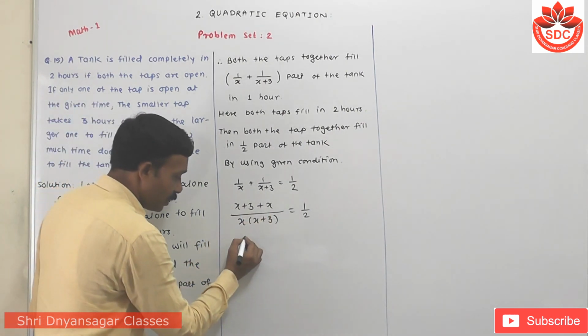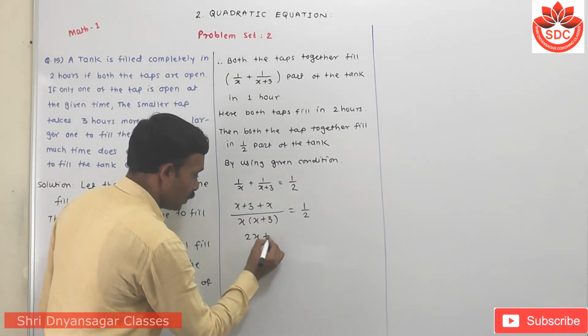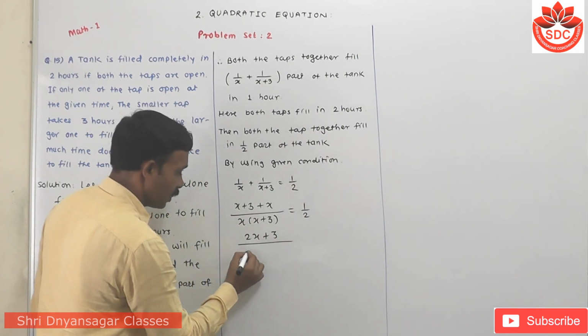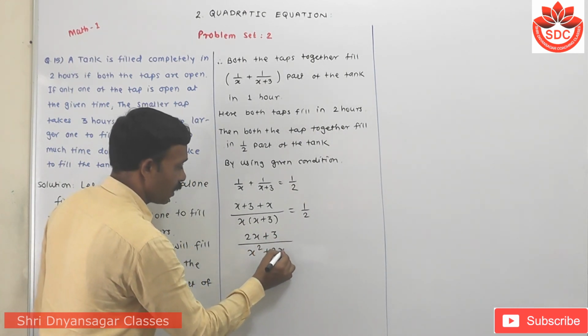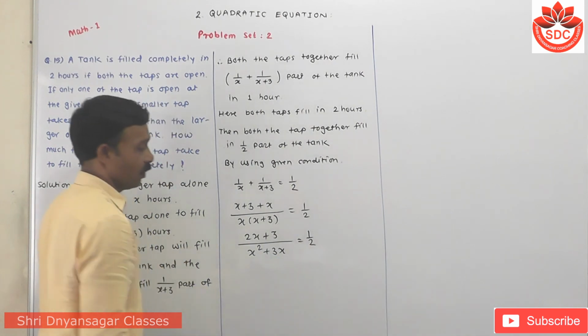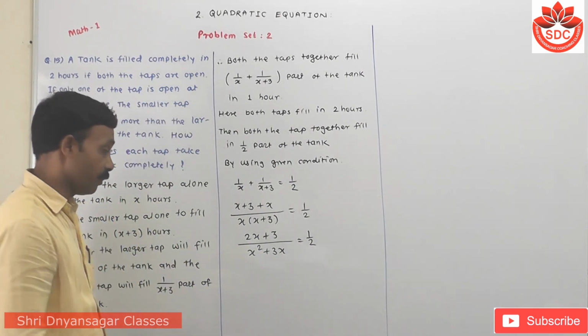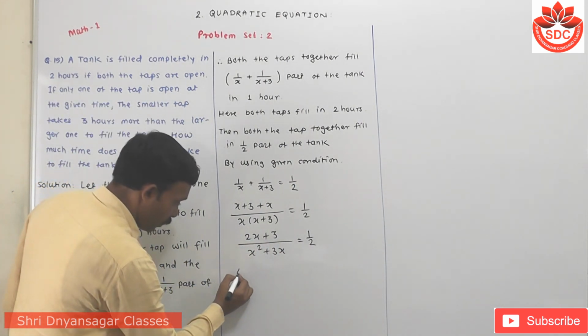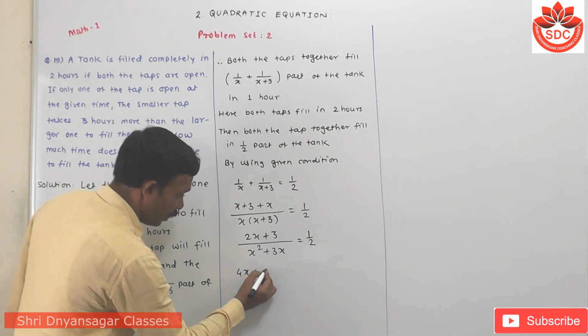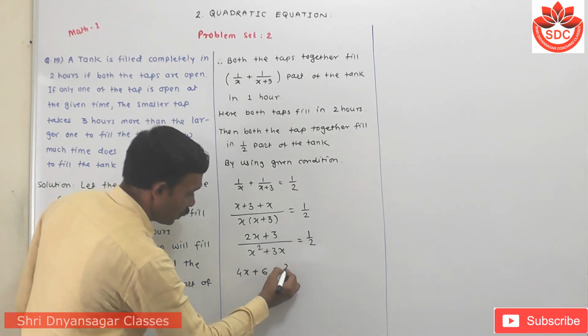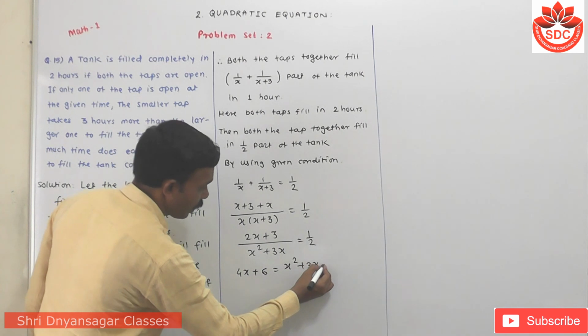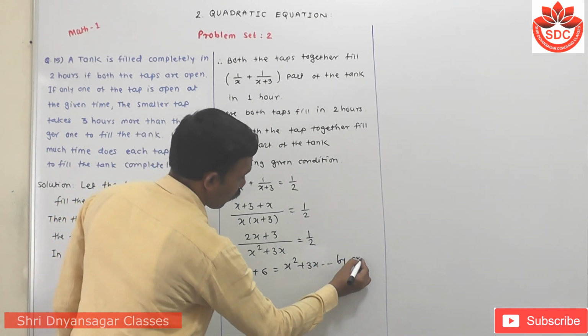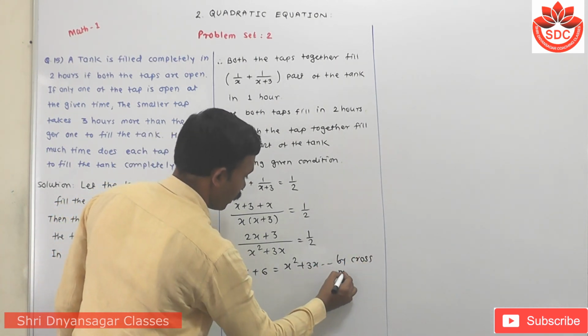The addition is 2x plus 3 upon x square plus 3x is equal to 1 upon 2. By cross multiplication, 4x plus 6 is equal to 1 into x square plus 3x.